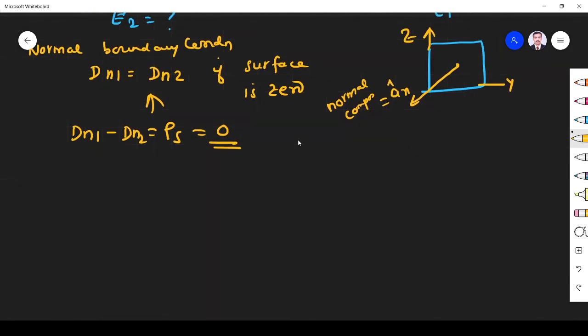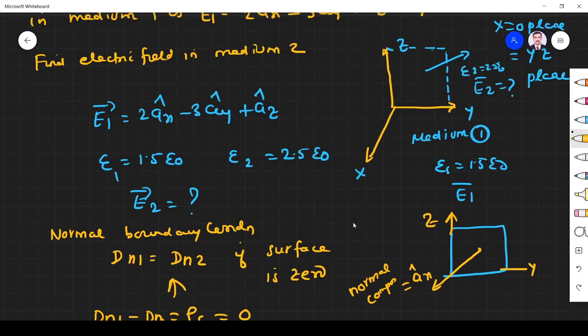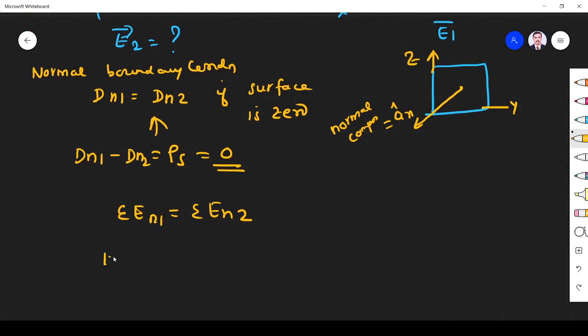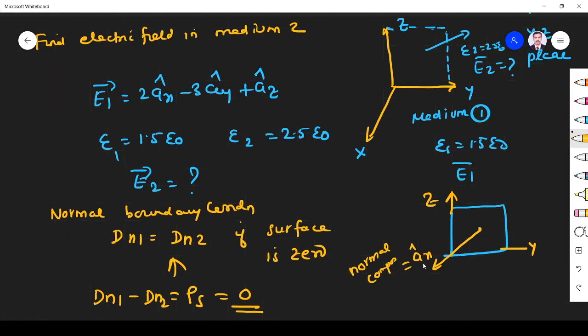Since D is equal to epsilon E, epsilon 1 En1 is equal to epsilon 2 En2. For the first medium, epsilon 1 is 1.5 epsilon naught. En1, the normal component, is the ax component.